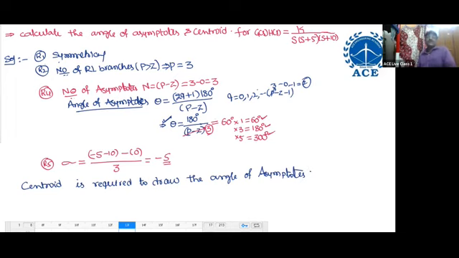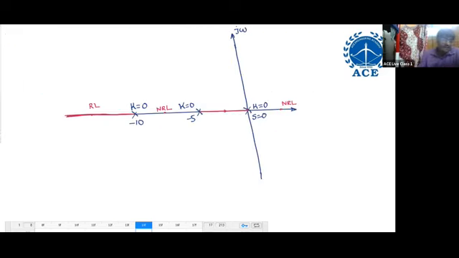In case no asymptotes are there, the centroid is not required and there is no need to calculate it. The centroid is required when the number of asymptotes is more than 1. It will come later.